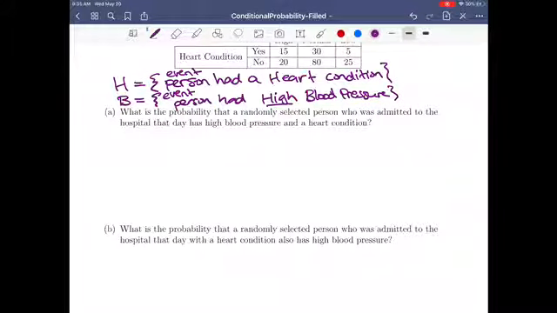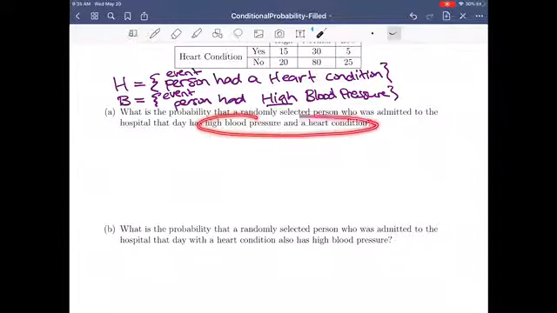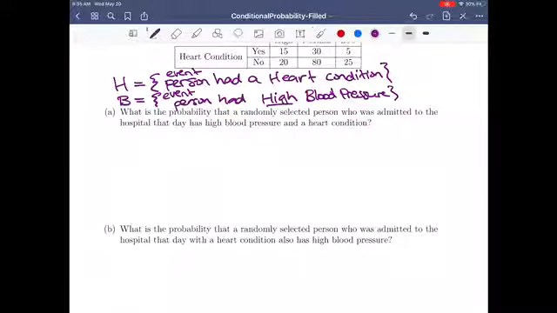So we pick one person at random. We want to know what's the probability that they had both high blood pressure and a heart condition. So what we're looking for is the probability of H intersect B. So they were in the event that they had a heart condition, and they were in the event that they had high blood pressure. So what's our sample space here?